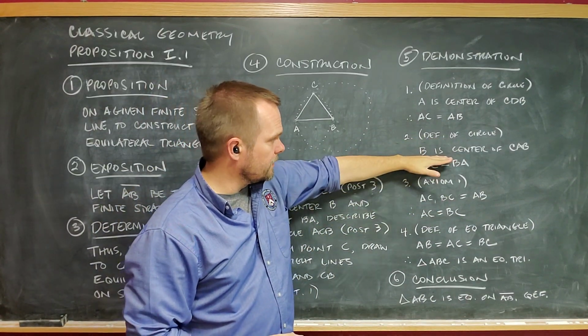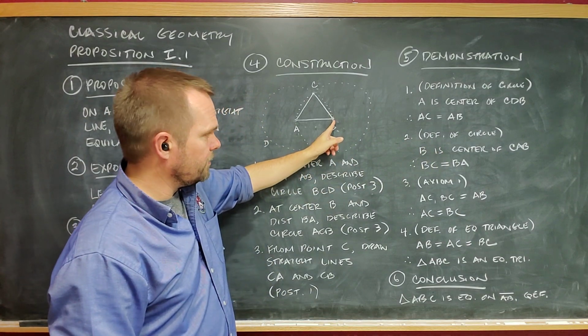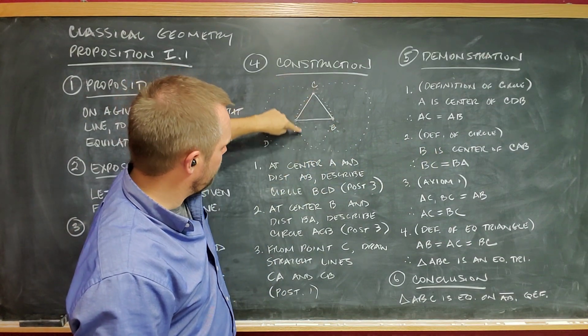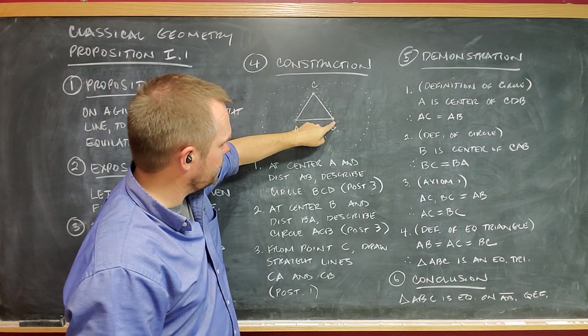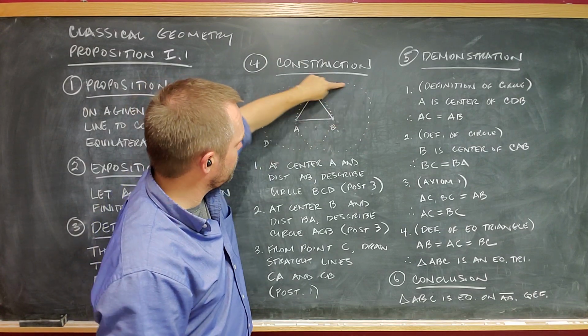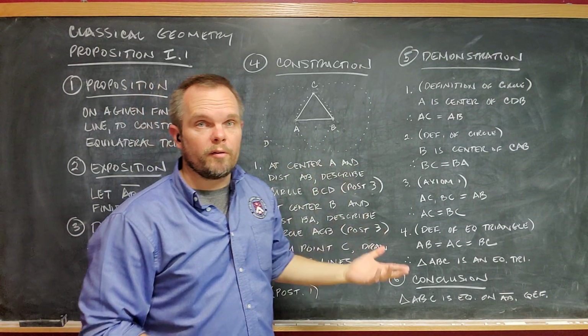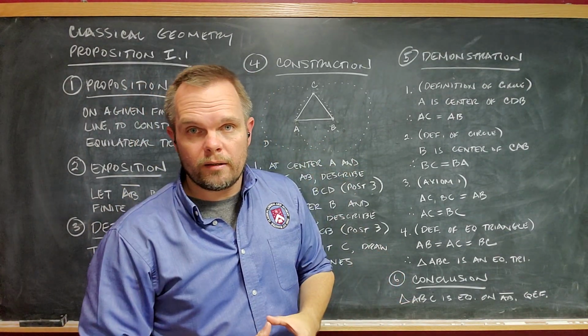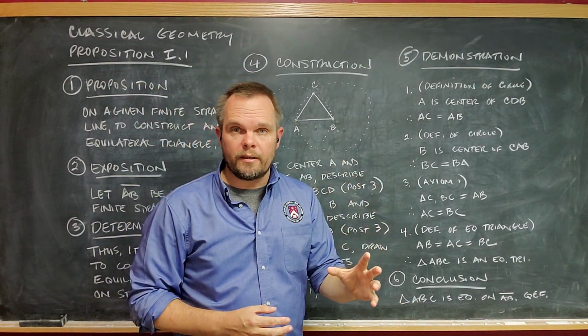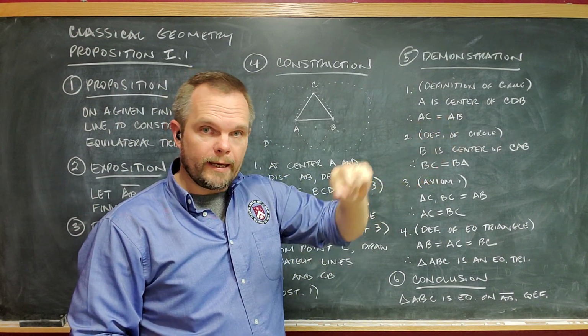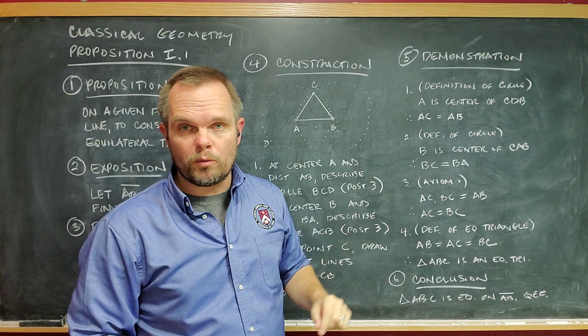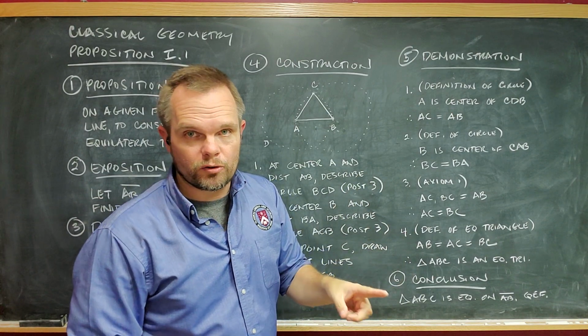Our second premise is that point B is the center of circle CAB. Therefore, any line drawn from point B to the circumference of that circle will be equal to any other line drawn.